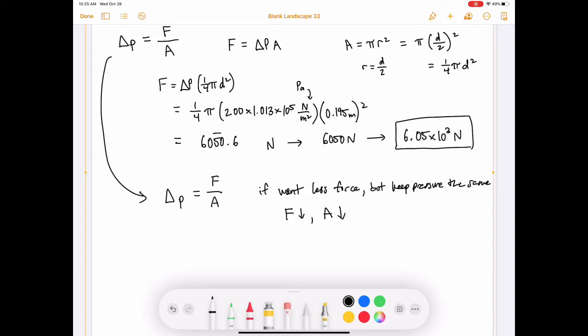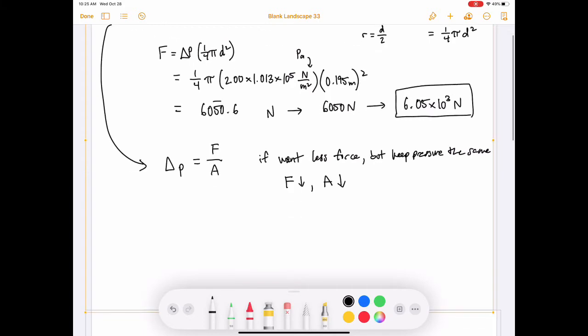So if we decrease the force and the area by the same amount, then we can keep the same pressure, okay? So the idea is use a smaller piston if you want to get the same pressure increase with less force.